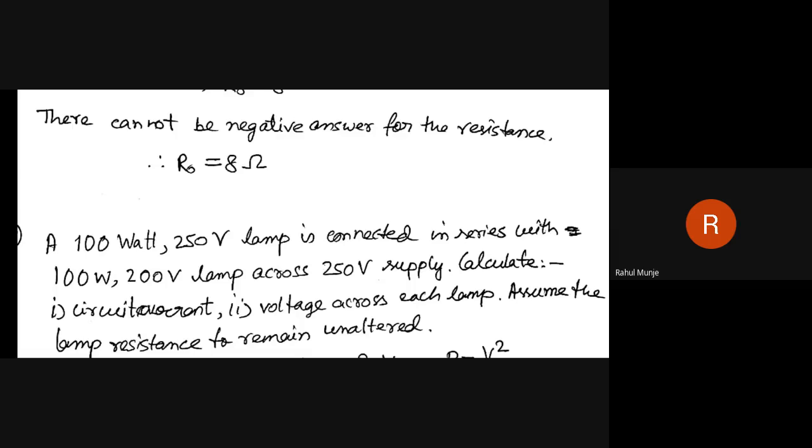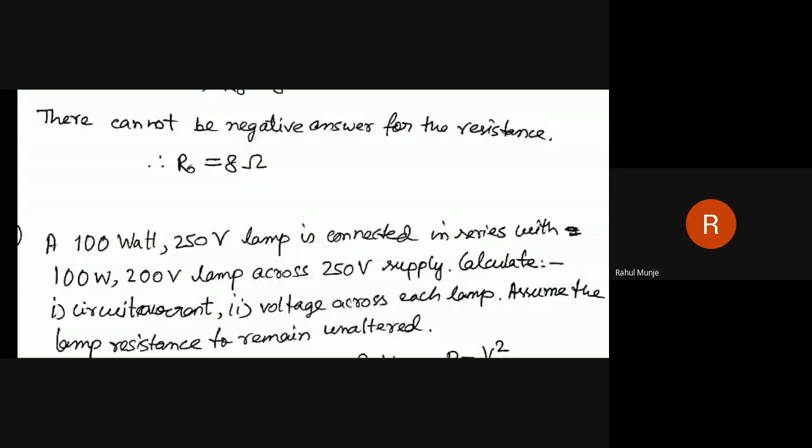So you have V equals 250-volt, and the ratings of the two lamps are 100-watt 250-volt and 100-watt 200-volt. For each lamp you have power in wattage and you have voltage. If you have power and voltage, you can calculate the resistance.